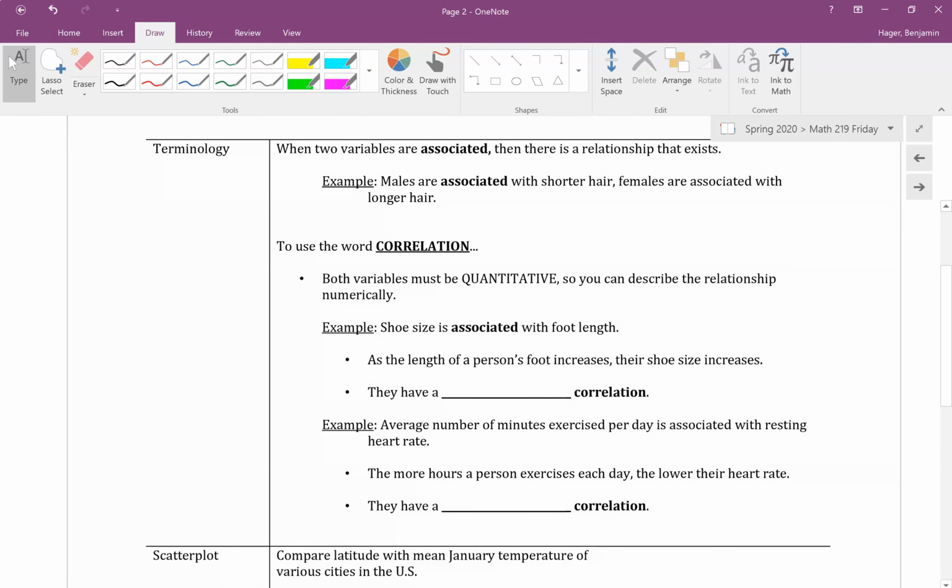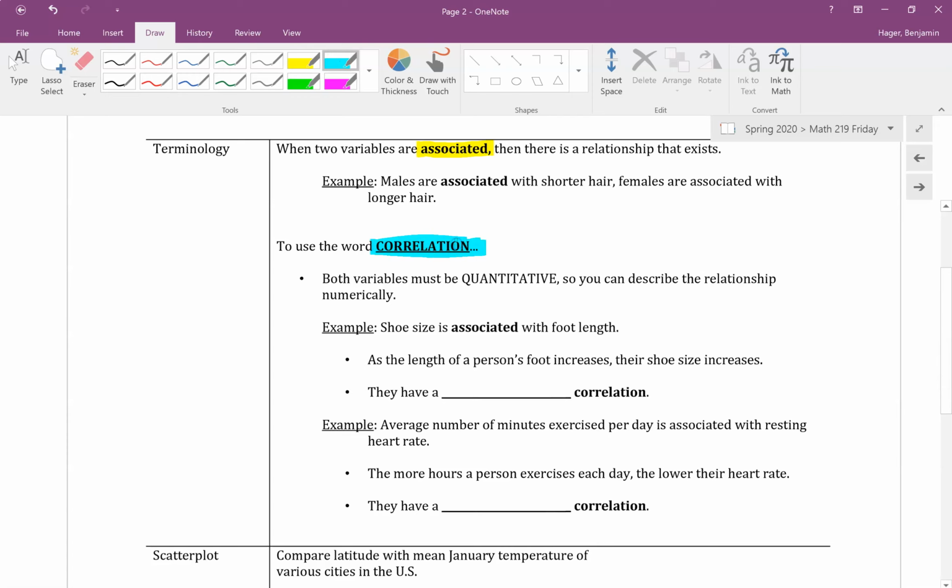It says that when two variables are associated, okay, then there is some relationship that exists between them. So for example, males are associated with shorter hair and females are associated with longer hair. So association just means that in general, there's a link between them, or the data would often show a relationship exists between the two. Now, we're going to start looking at correlation, okay?